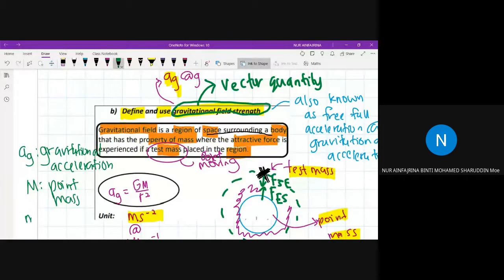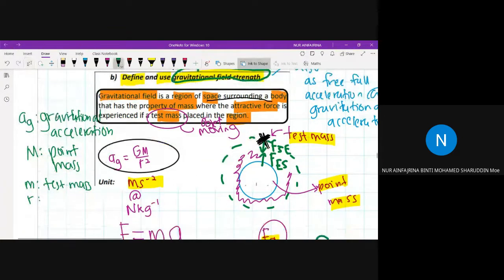If small m is test mass, korang kena bezakan ya. While R, what's about your R? R adalah distance between test mass and point mass.